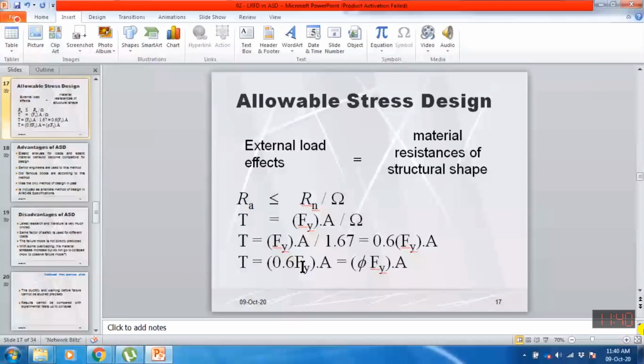Allowable stress means that I do not want to allow the stress to exceed a certain limit, which is 0.6 Fy. Just assume 250 ml is the capacity of the cup, but I have put the limit at 150 ml. If the beverage is poured more than 150, it is assumed to have failed, but actually it has not failed.